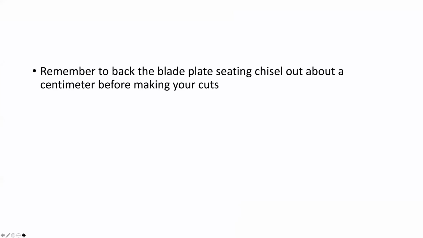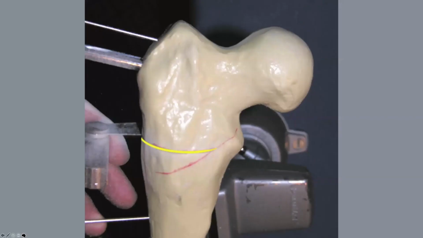You want to take it out far enough so that it's not wobbly in the chisel track, and that you can extract it basically just by hand. You can pull it out by hand or a small tap onto it using the tuning fork. Once you've done that, then you can start to safely make your cuts. So you want to make the shorter limb cut first.